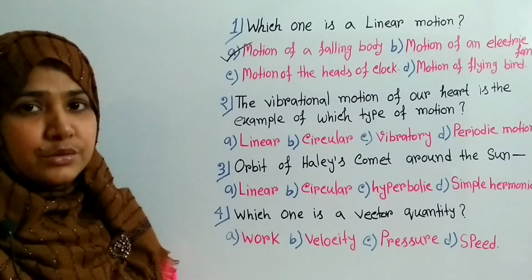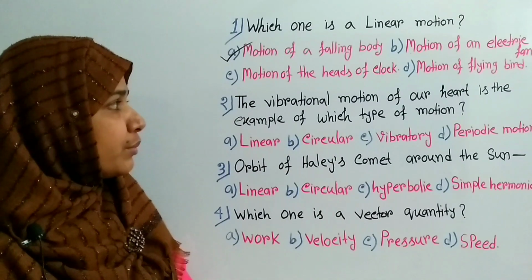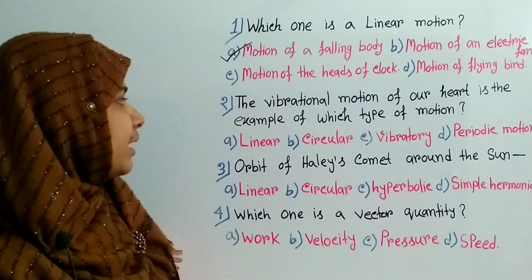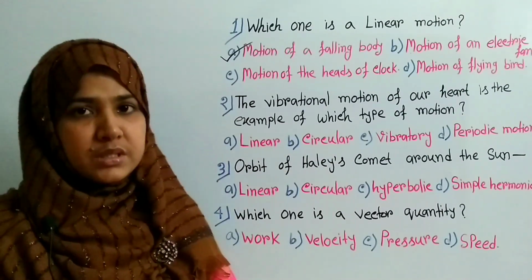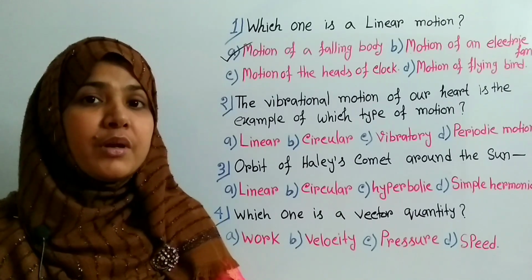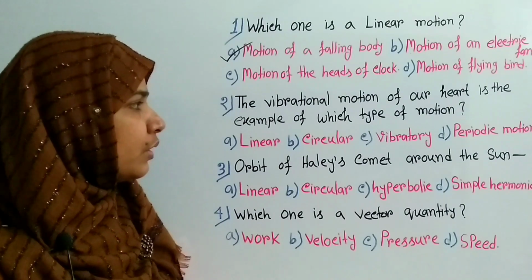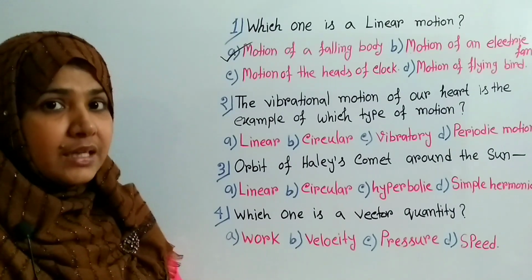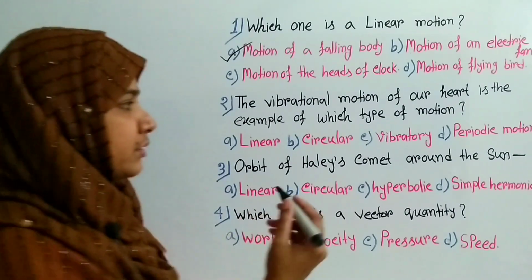Now question 2. The vibrational motion of our heart is the example of which type of motion? You know that the vibration of our heart is the example of periodic motion. So our D option is correct.